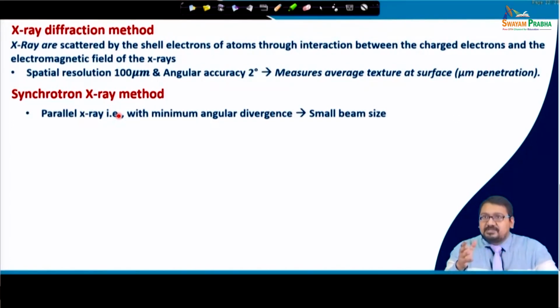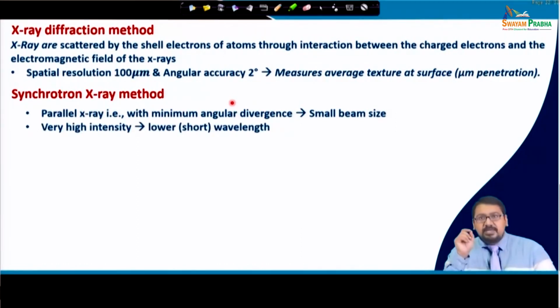The wavelengths it can produce are shorter than the wavelength of natural X-rays, and thereby they can be made parallel. They have minimum angular divergence and therefore can be made into a small, thin beam size. It has very high intensity because of its lower wavelength.